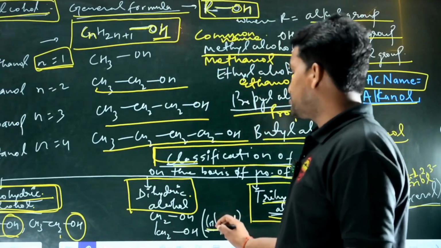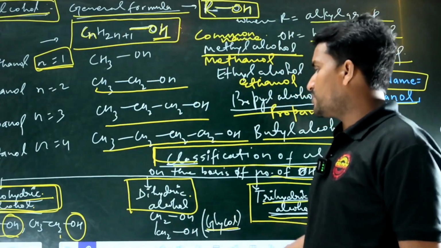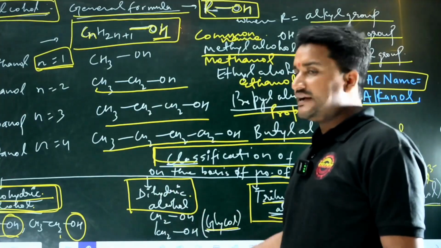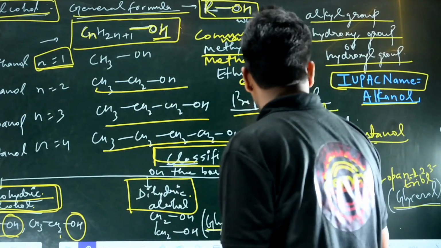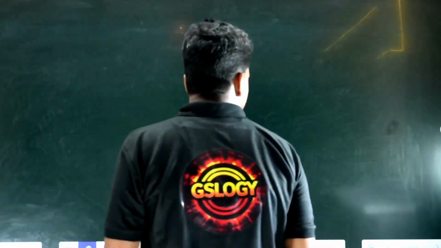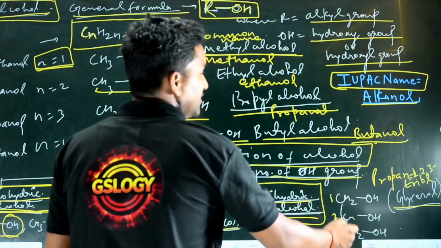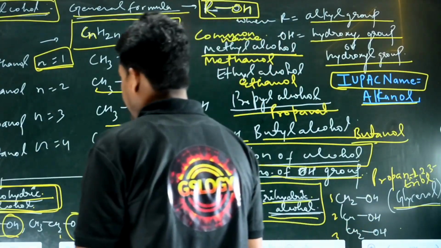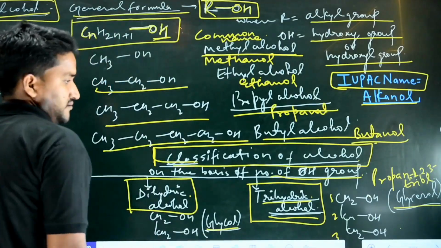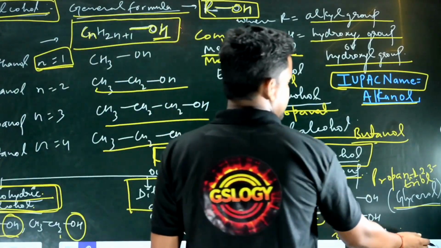When two OH groups are present, it is said to be dihydric alcohol. And when three OH groups are present, it is said to be trihydric alcohol. Okay? And let's get on to the next slide.